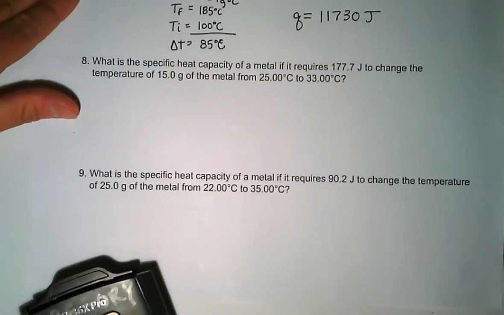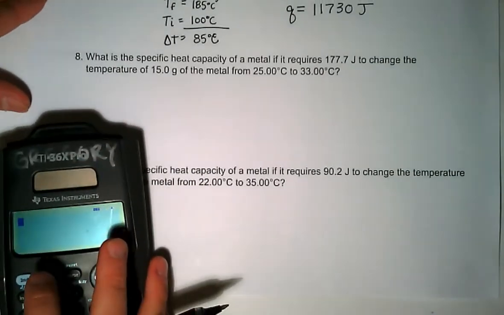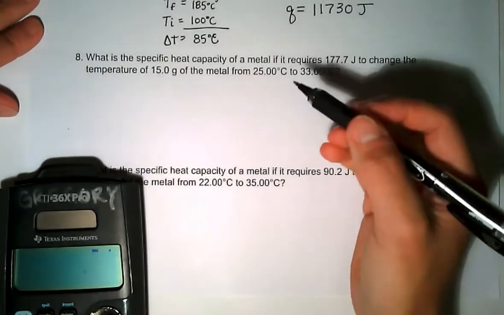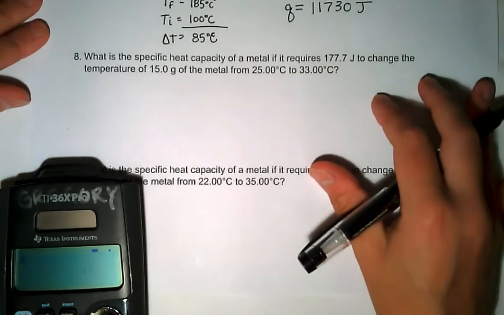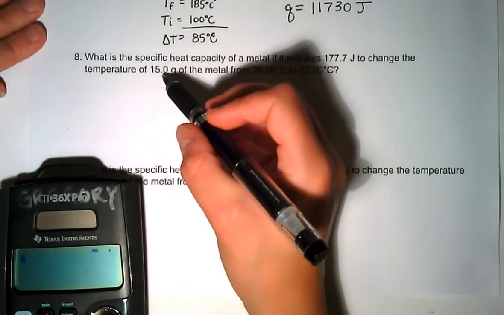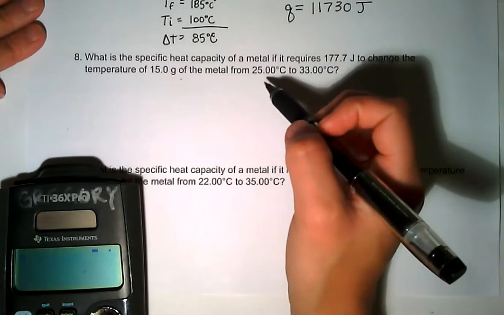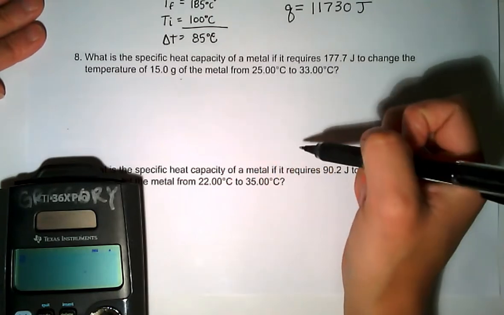It says, what is the specific heat capacity of a metal if it requires 177.7 joules to change the temperature of 15 grams of the metal from 25 to 33 degrees Celsius?